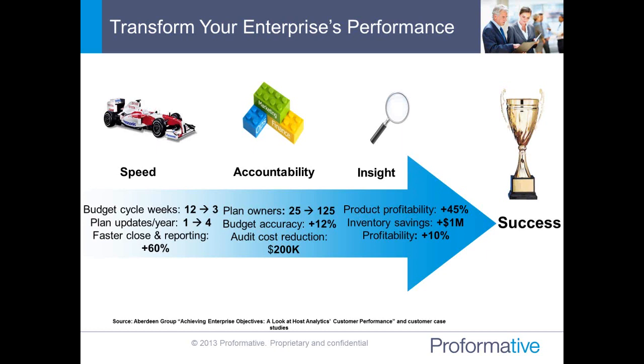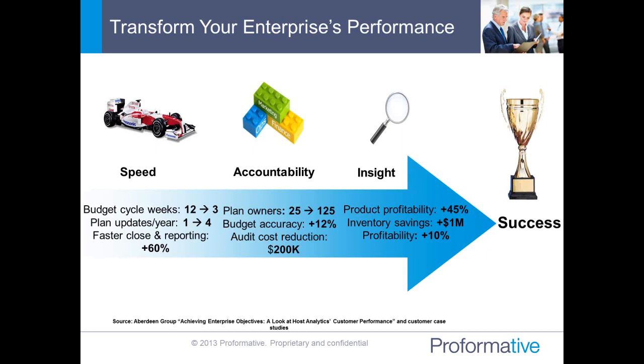But in particular, Bama, a company that distributes food for McDonald's and so forth, actually saw product profitability jump by 45%. Because of the way they could analyze the numbers and plan for those numbers, they saw a lot of opportunity based on looking at product margins instead of just looking at units and trying to drive revenue. So they focus on margins and realize what products increase their margins the most.